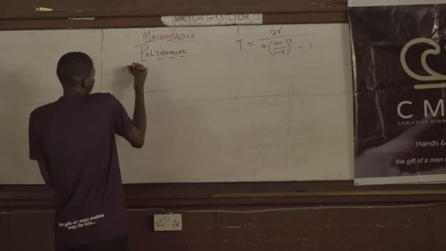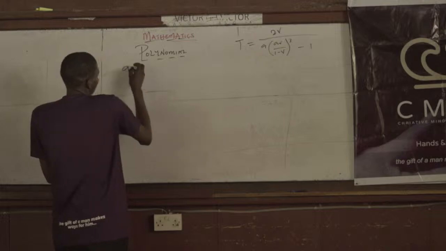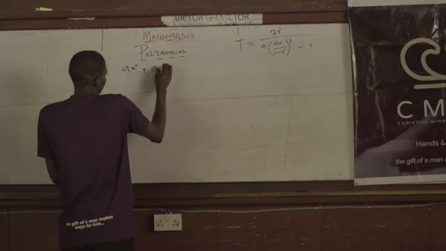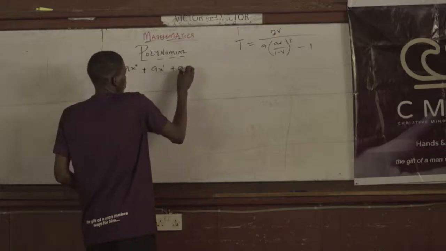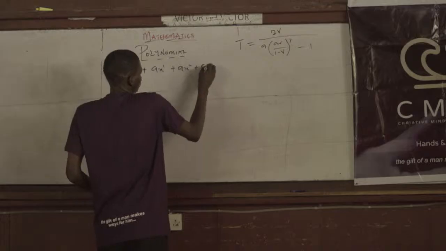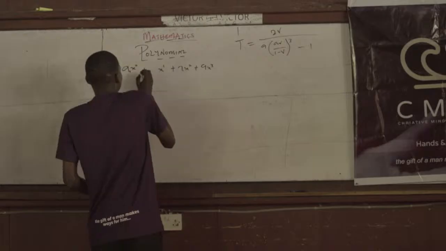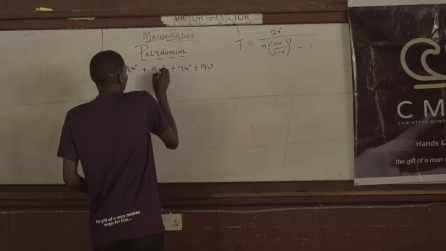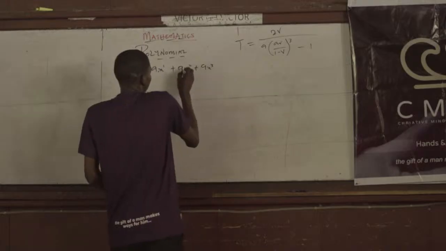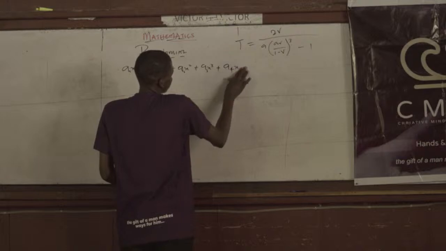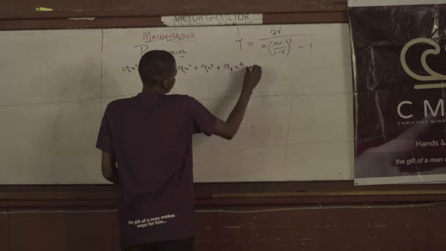Let's generalize it first. Let's see the polynomial equation now. Let's say a0 x raised to power 0, and the next one can be a1 x raised to power 1 plus a2 x raised to power 2, a3 x raised to power 3, plus a4 x raised to power 4, and so on.